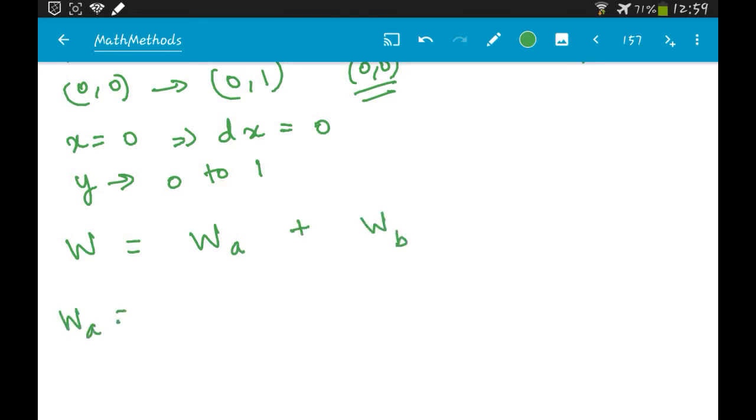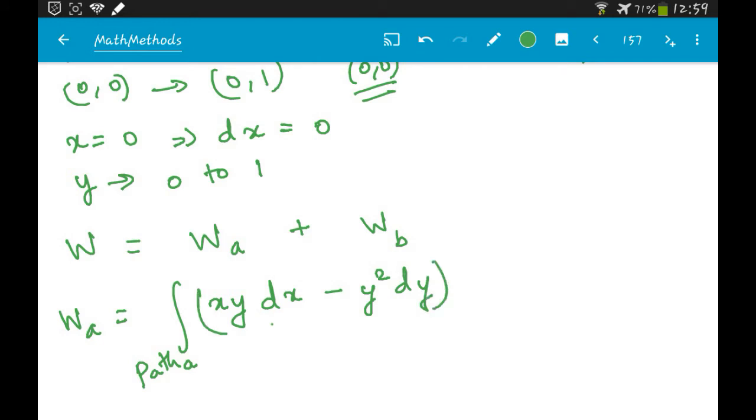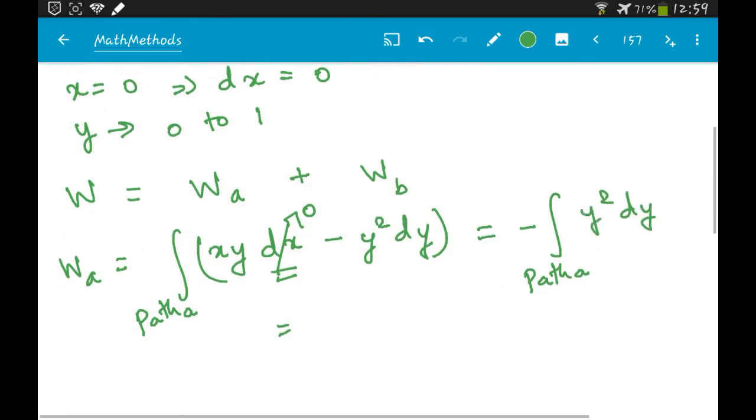So what is WA? WA is nothing but integral over path A xy dx minus y square dy. So dx is 0, right, for this path. So we are only left with minus path A y square dy, which is, so y goes from 0 to 1.